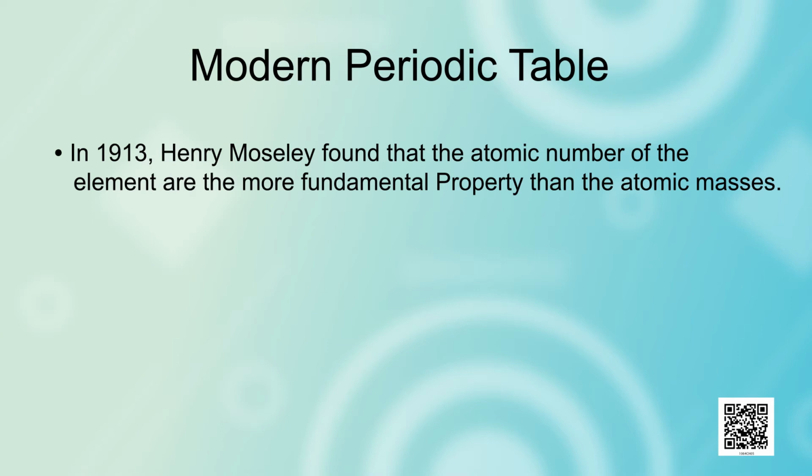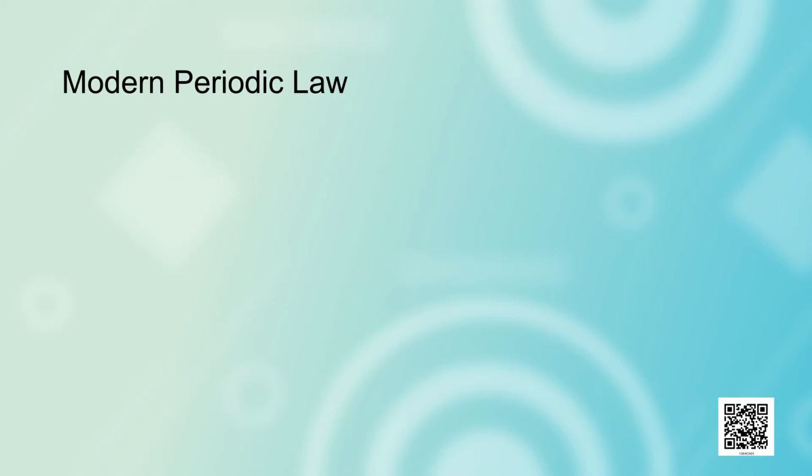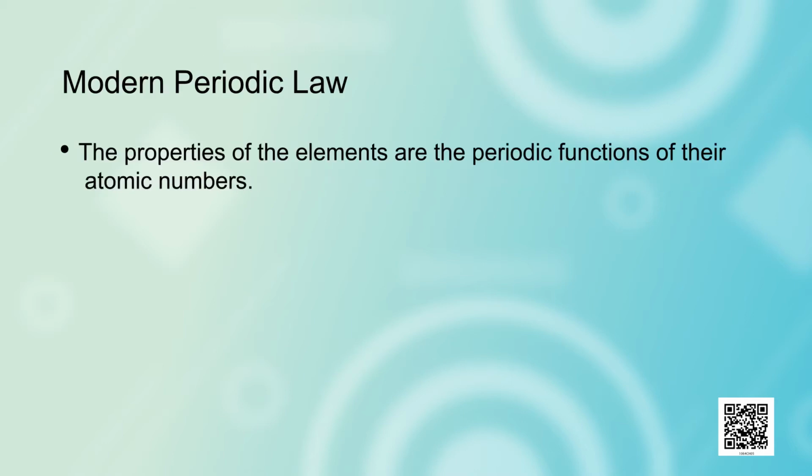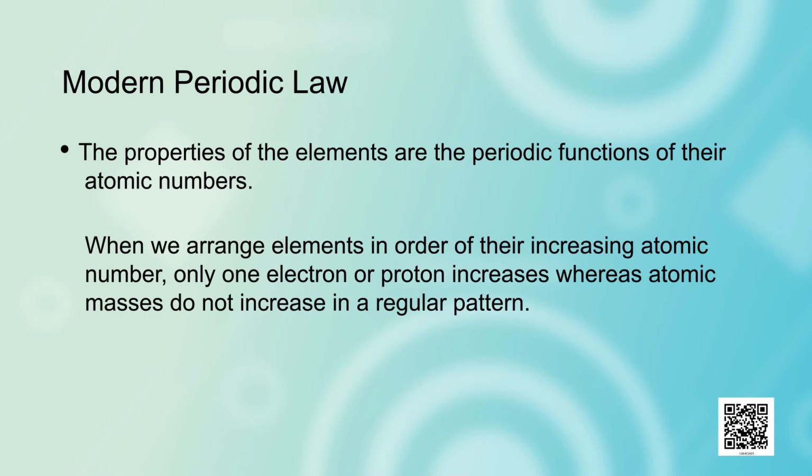So Mendeleev's periodic law was modified by Moseley as the modern periodic law, which states that the properties of the elements are periodic functions of their atomic numbers. When we arrange elements in order of increasing atomic number, only one electron or one proton increases, whereas atomic masses do not increase in a regular pattern.